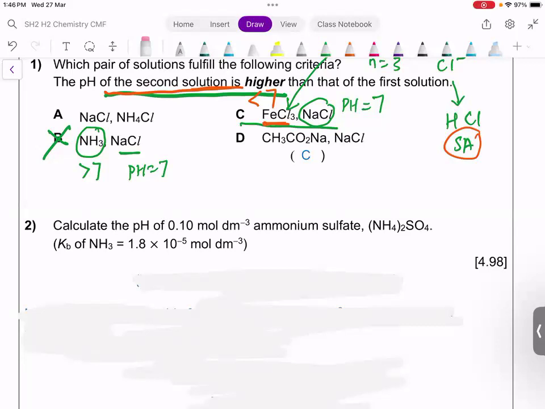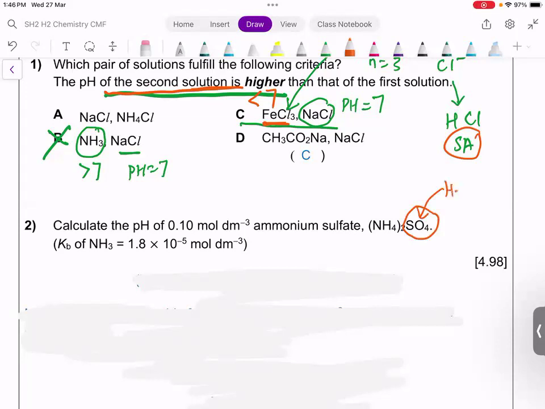All right, so ammonium sulfate, does it undergo hydrolysis? Megan, does it undergo hydrolysis for ammonium sulfate? It doesn't? Why not? Sulfate doesn't undergo because it comes from where? Remember, we are supposed to identify the parent.